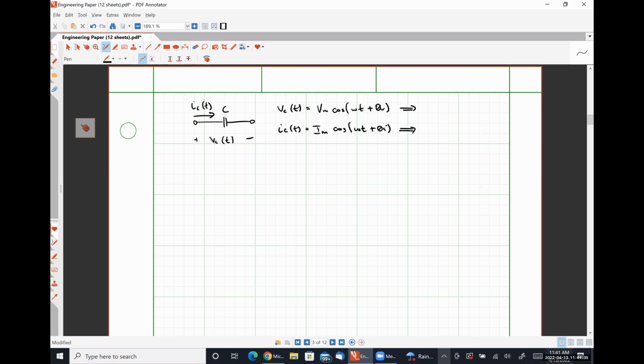And we could represent each of these signals in the mixed domain as Vm e to the j omega t plus theta V, and Im e to the j omega t plus theta I.